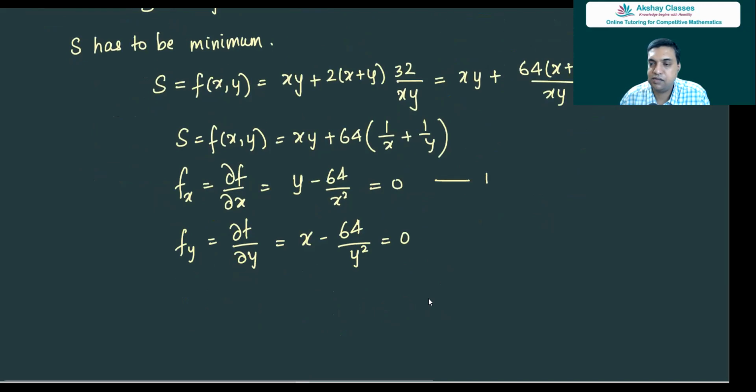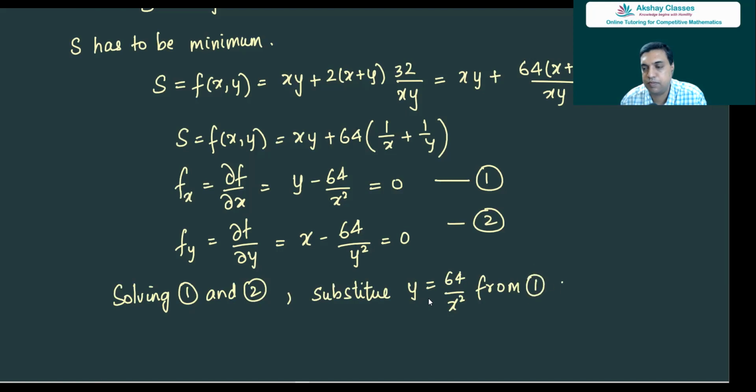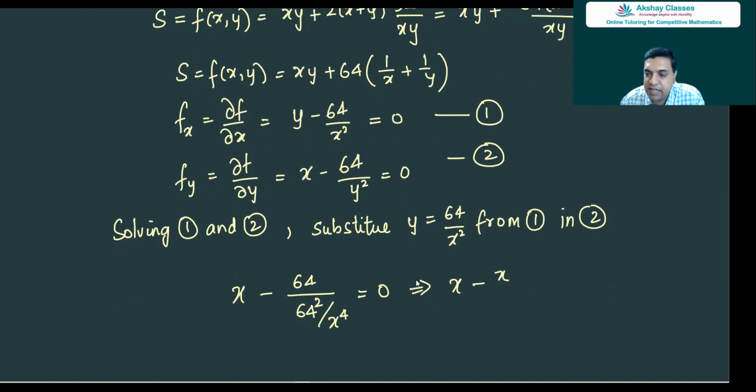Taking y equal to 64 by x square from the first and substituting, you get x minus 64 by y square, which is x minus x power 4 by 64, equal to 0.